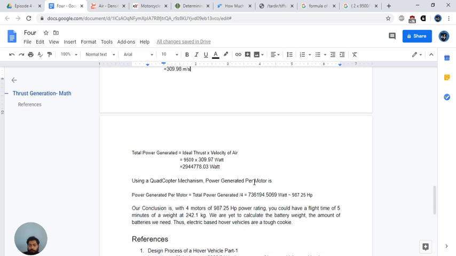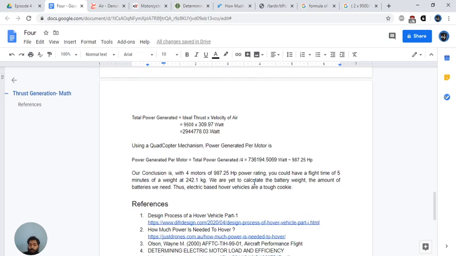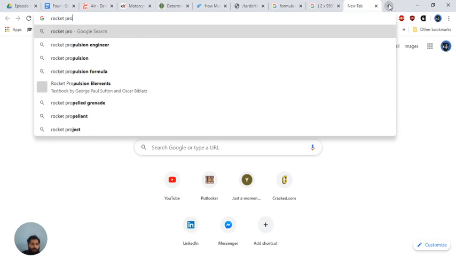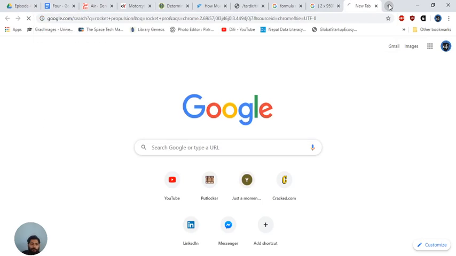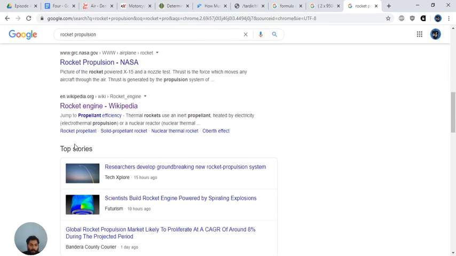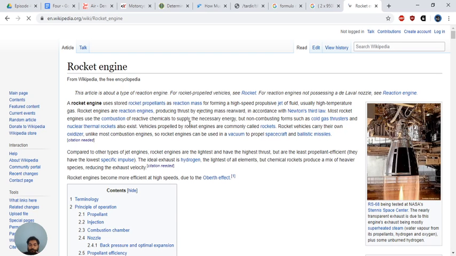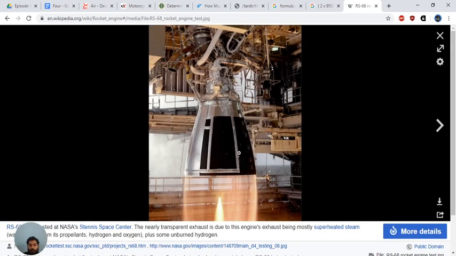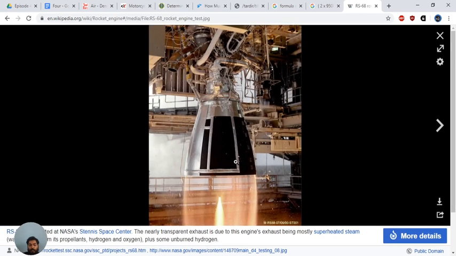the motor so that you don't have to carry a lot of baggage like that. So what I was thinking was using rocket propulsion, basically like a jetpack mechanism, to generate power so that it can actually go upwards.